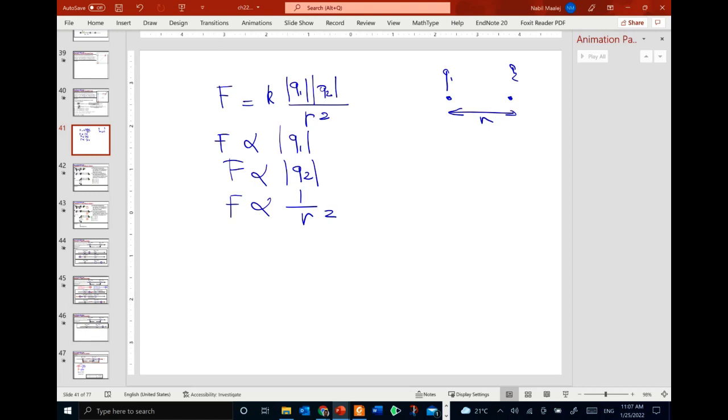If the charges are moving closer together, so this is R1 and this is R2, clearly the magnitude of F2 is going to be larger than the magnitude of F1. But we will see in certain situations the electric field or the force is constant, and we will see those situations later on in this lecture.